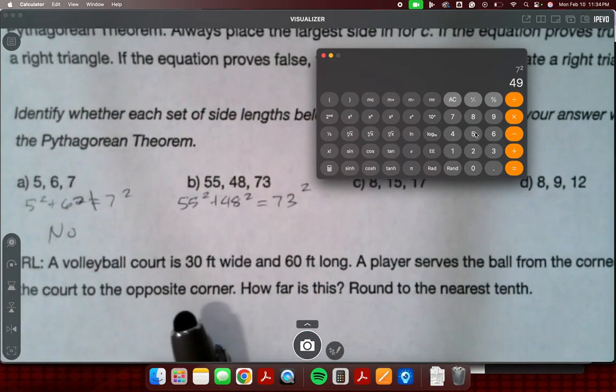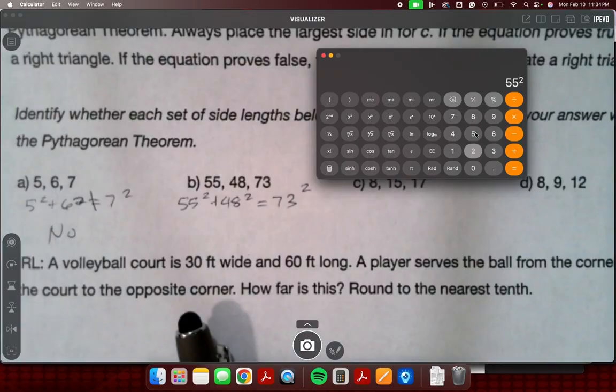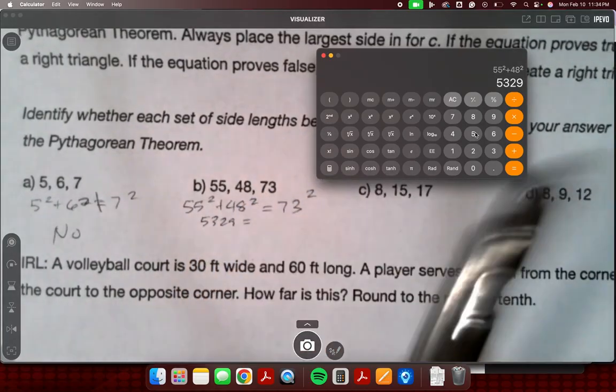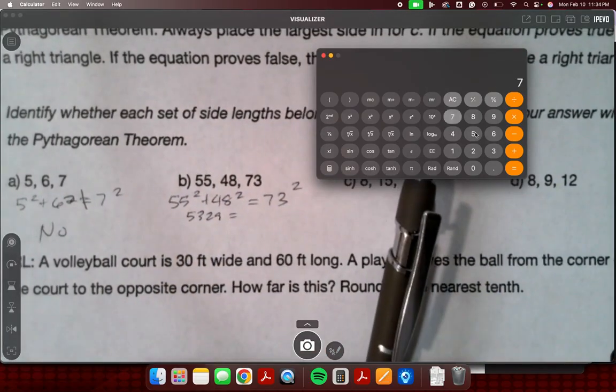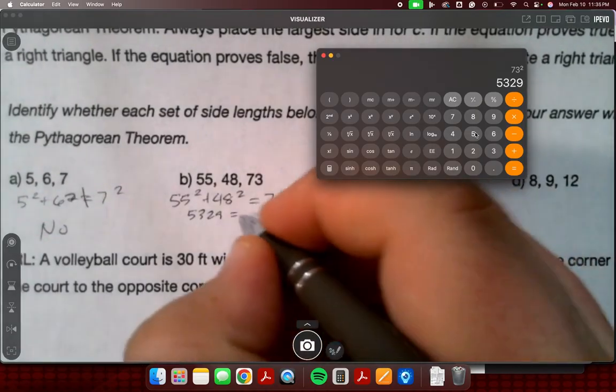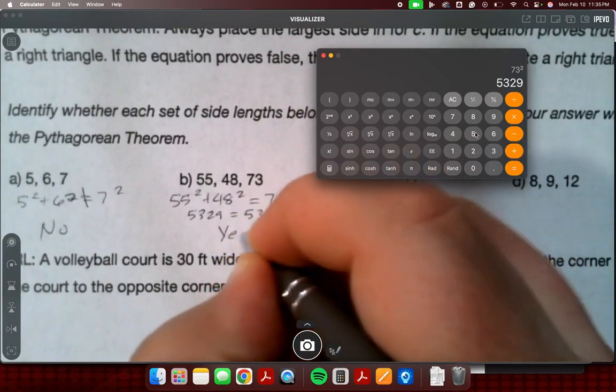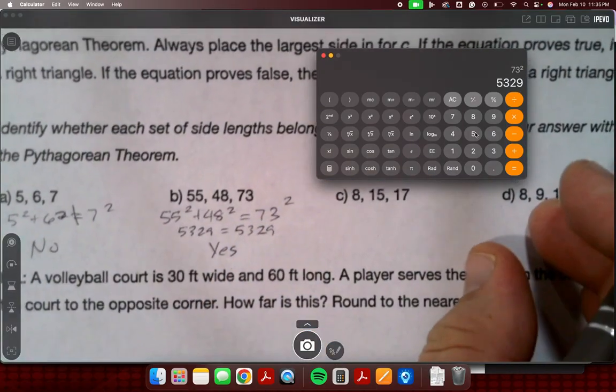So I'll test this. 55 squared plus 48 squared. That's 5329. Just write it there so we remember it. 73 squared. Hey, that's also 5329. So that is true. Yes, these sides can form a right triangle.